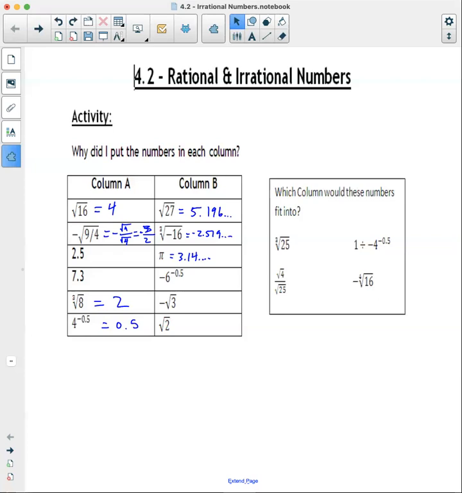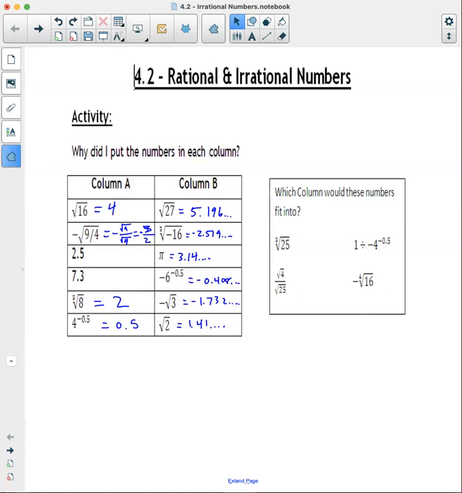Negative 6 to the exponent negative 0.5 is equal to negative 0.408. Negative square root of 3 is equal to negative 1.732 and a bunch of other decimals, and square root of 2 is equal to 1.41, and a bunch of other decimals.